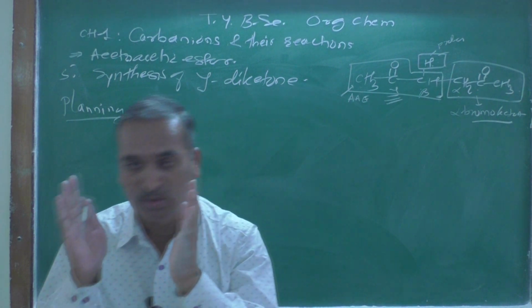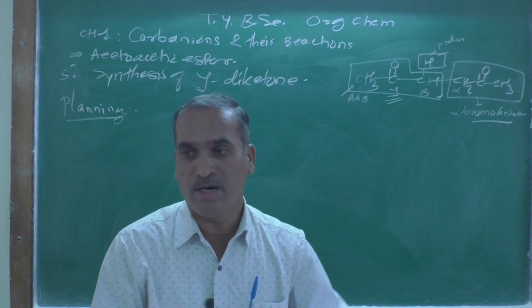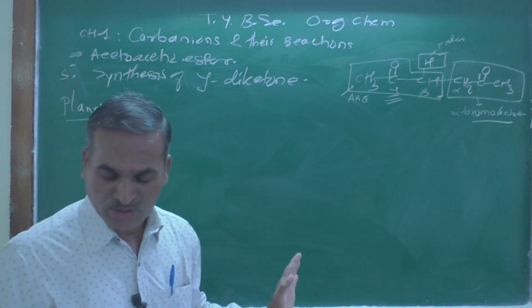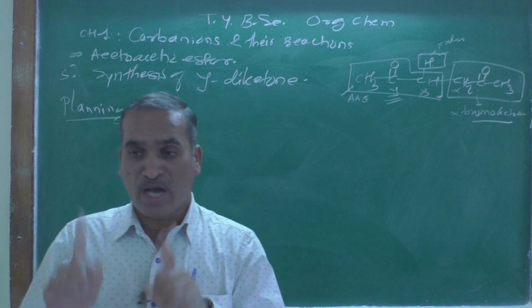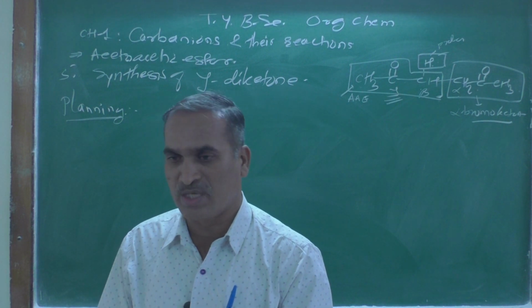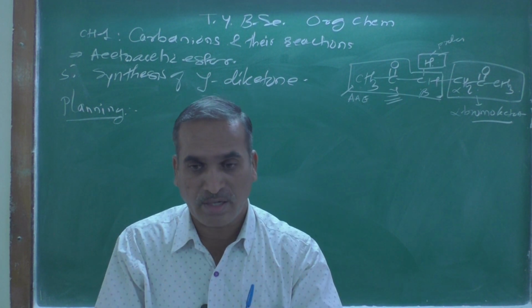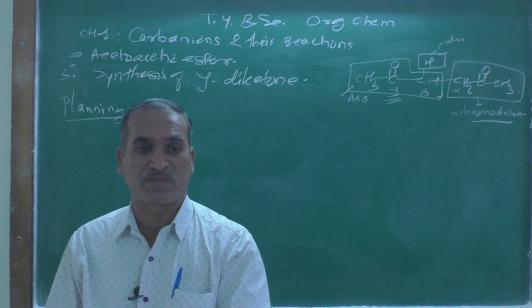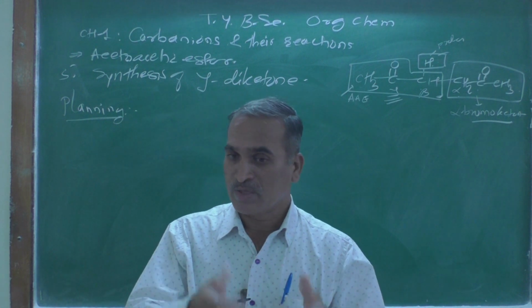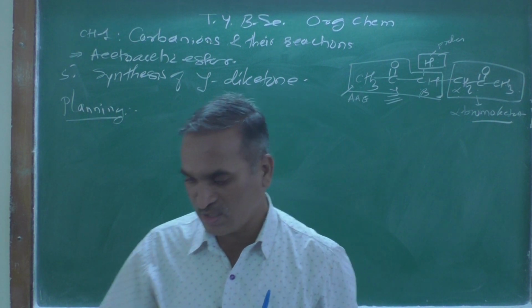Analyzing that, we have done the planning over there, right? Once you plan it, now comes the starting compound. What will be the starting compound you are going to use here? The question itself suggests that the starting compound you must use is acetoacetic ester.